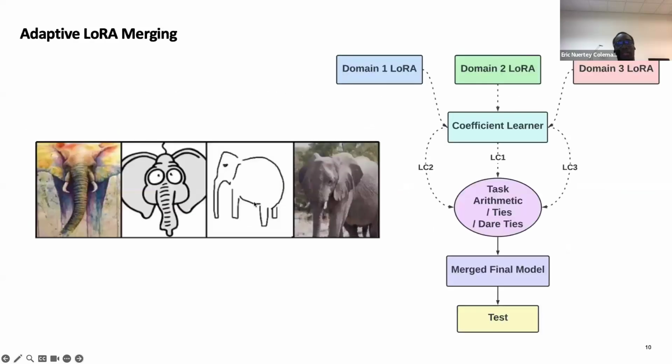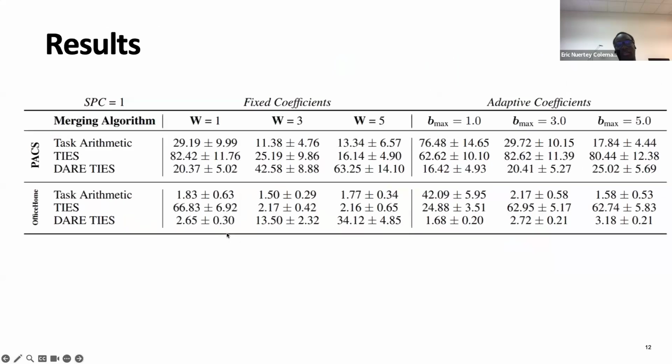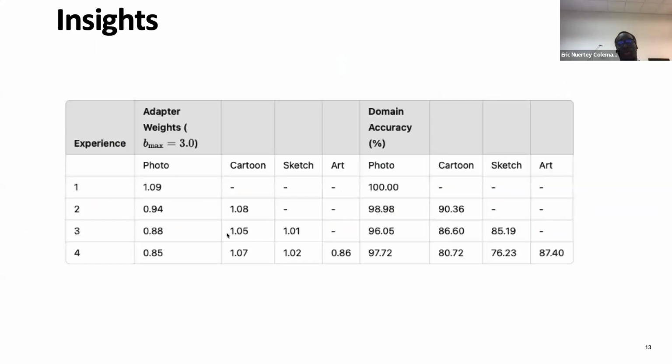As I was saying, this is an example. This is sketch. This is photo. This is cartoon. This is art painting. In the end, what we can draw from this is that we can easily have these merging algorithms with these adaptive coefficients that allow you to combine these adapters in a more efficient way, and also gain insight into which tasks are easier to learn and which are harder.